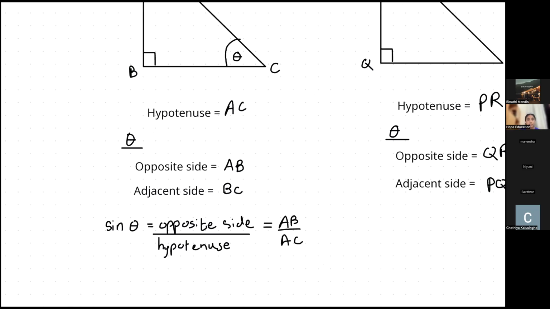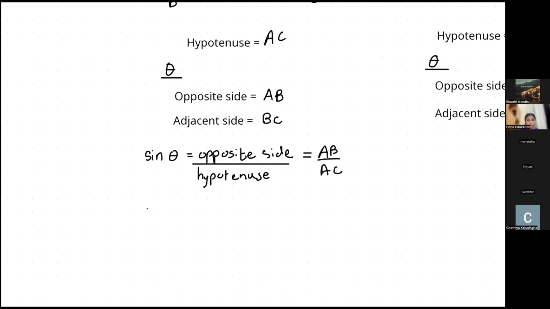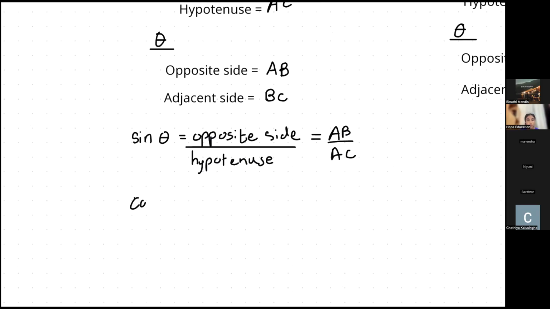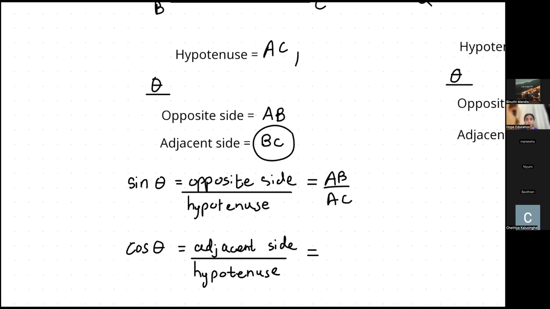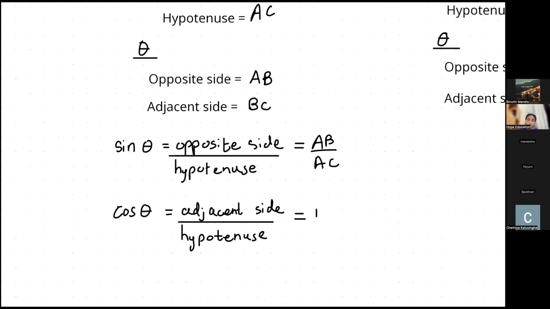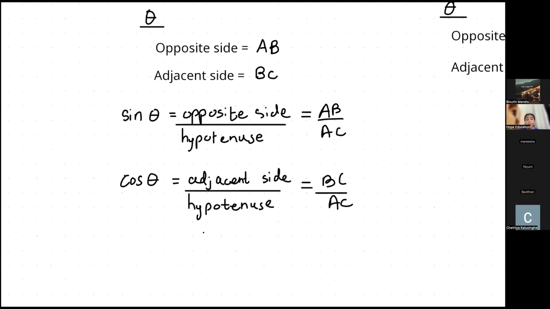Then there's another ratio, cos theta. Cos theta means adjacent side divided by hypotenuse. So the adjacent side is BC, hypotenuse is AC. Then there's another ratio called tan theta.